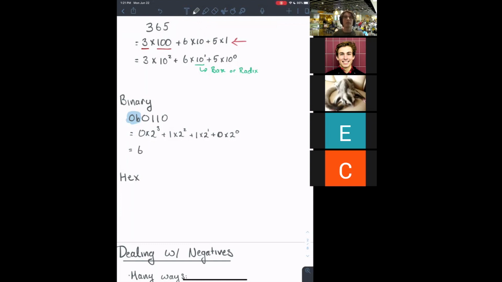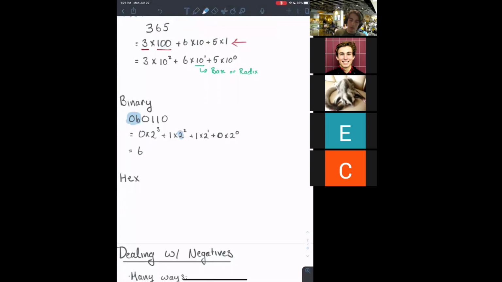So that's a very simple example of converting to binary, but this process of expanding things out and using the base is going to be consistent through hex and through any other arbitrary radix that you're given.